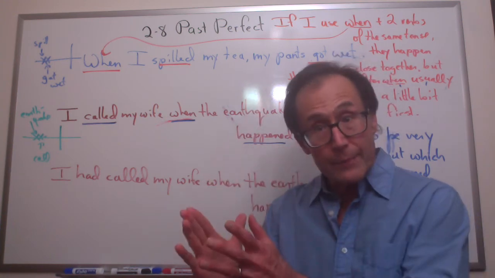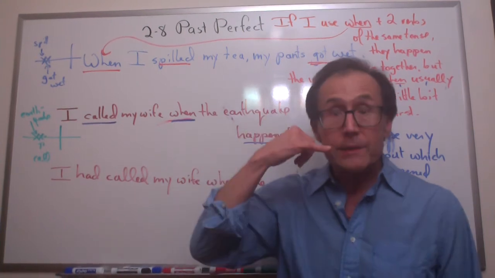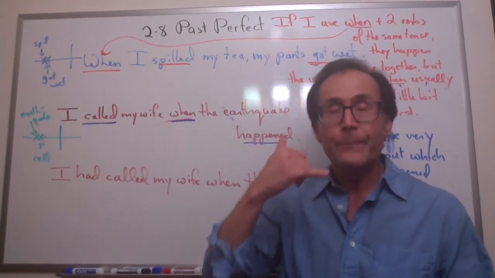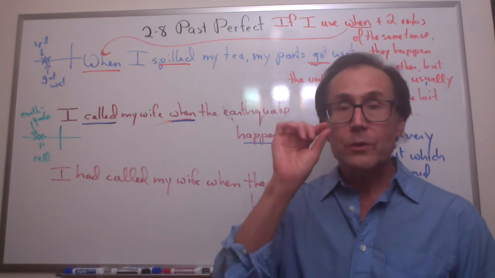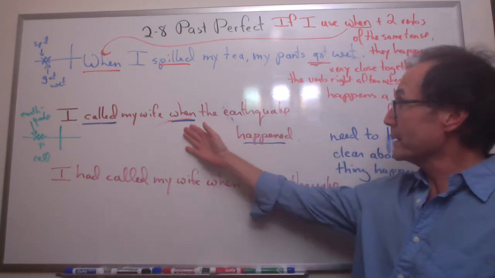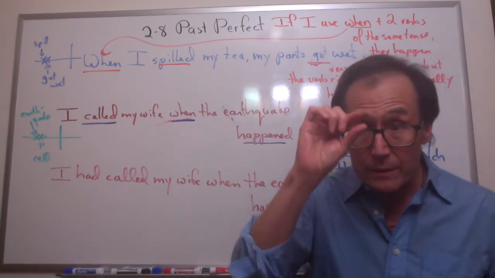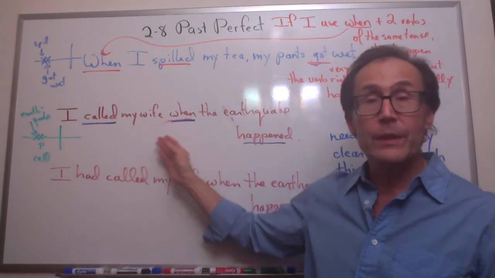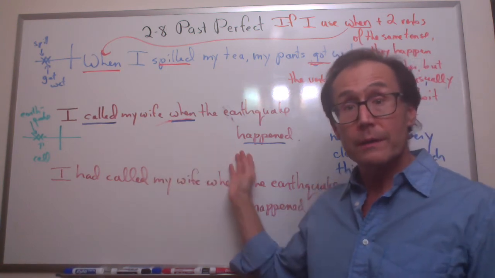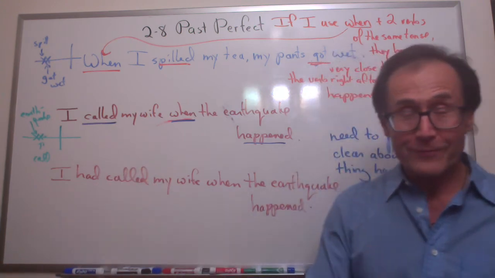So the earthquake happened, they happened very close together. Hi, sweetheart, did you feel the earthquake? They happened very close together, but the one that comes with when comes a little bit first, okay? So in this sentence, earthquake happened a little bit before I called my wife.